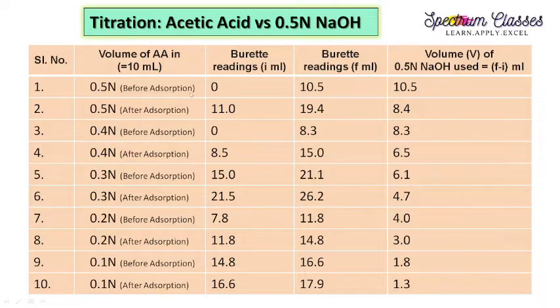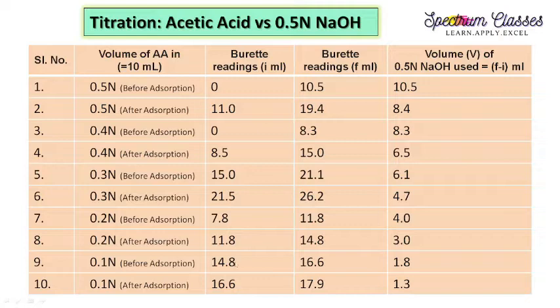So the initial reading for the burette is 0. Final reading for the burette is 10.5. Difference between these two is 10.5. Similarly, for after adsorption, the initial burette reading is 11 ml and the final burette reading is 19.4 ml. And the subtraction of these two, or the difference of these two, final to initial, is 8.4 ml.